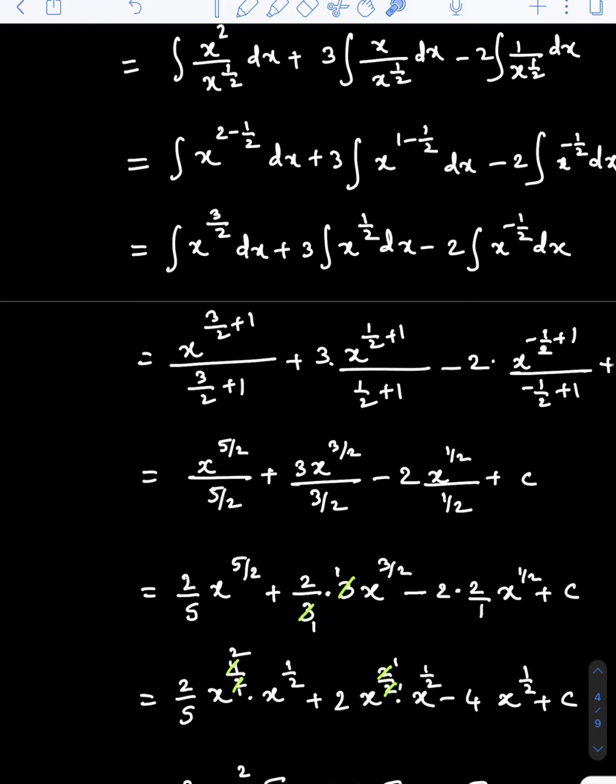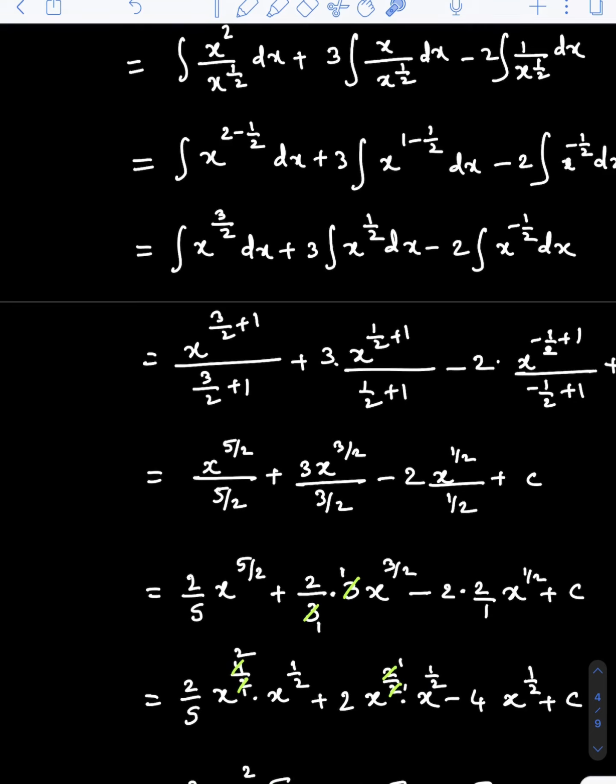Here also simplification is done. And while taking this step, 3 by 2, when you take upwards, it will become 2 by 3. So here it is 2 by 3. Like that we should go forward.